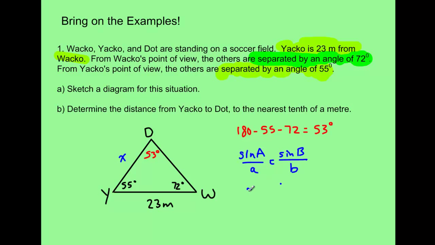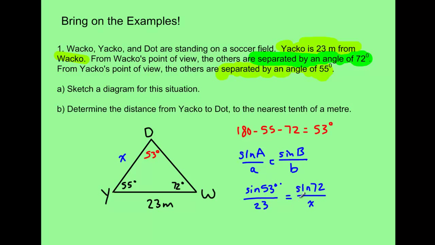So I'm going to say sine of 53 degrees divided by 23 meters equals, and because I'm looking for side x, I have to use its corresponding angle in the sine ratio. 72 degrees is the angle, so sine of 72 divided by side x.